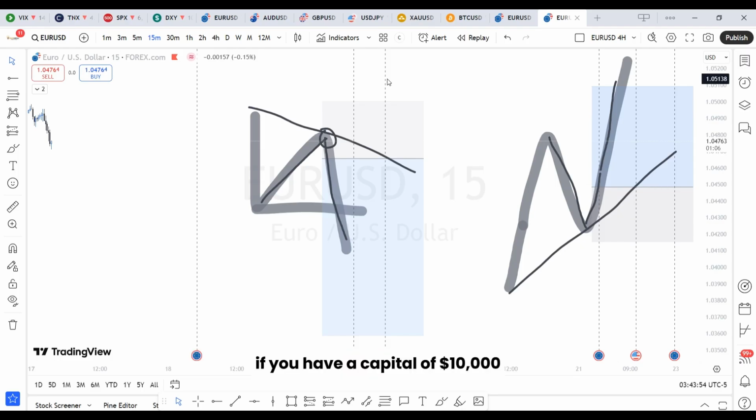If you have a capital of $10,000 and you decide to risk $1,000 on this particular entry, you already know that if this market moves against you, you would lose this $1,000 of your entire $10,000 capital. But if your market goes in your favor, you would make $1,000 back, which will put your entire portfolio at $11,000.